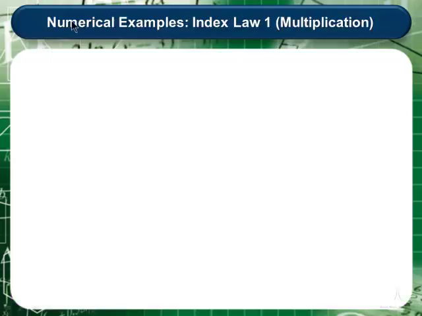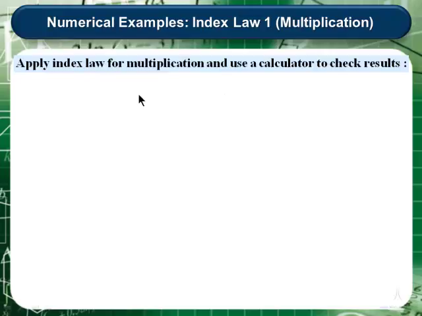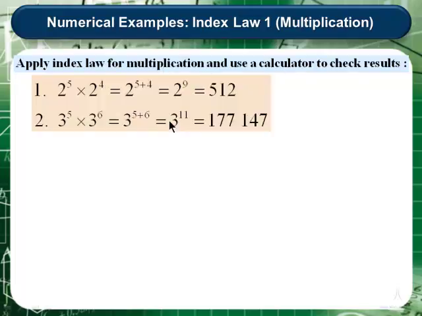Let us look at some numerical examples connected to the index law for multiplication. You can afterwards use your calculator as a checking device. So if we look at the first example, 2 to the power 5 multiplied by 2 to the power 4. Note the two conditions are met here, namely that we do multiply and the bases are the same.